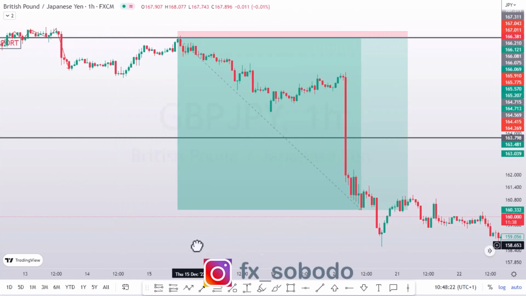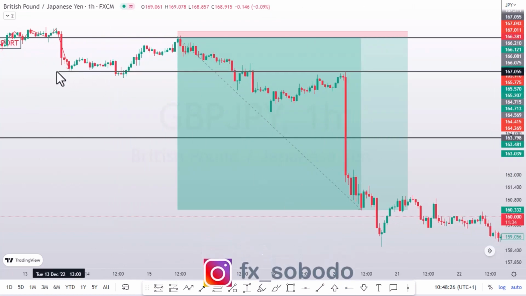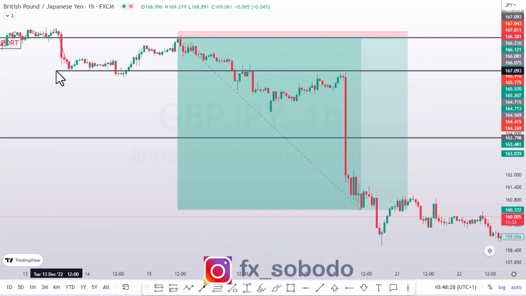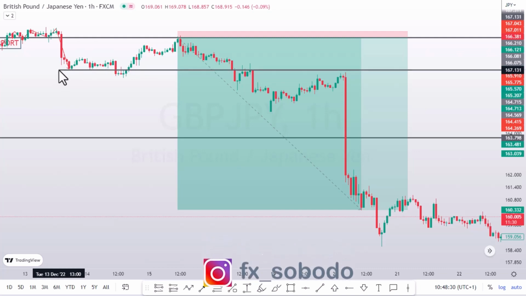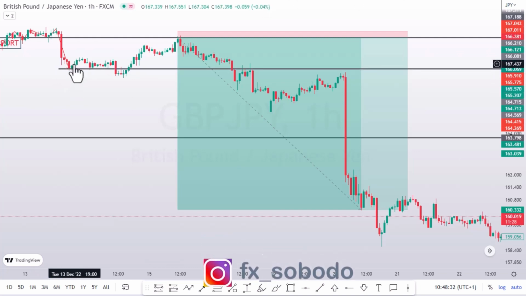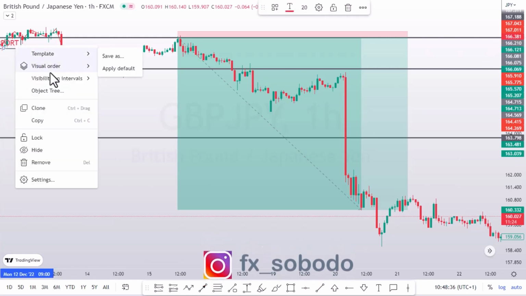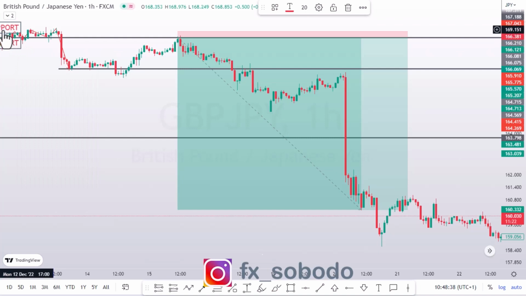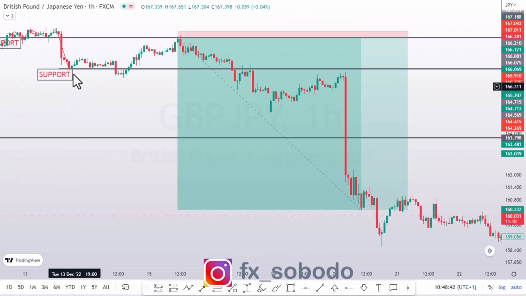Let's see. Inside the same structure, you see here, these are another support again. Let me clone this. The more bounces, you see, price bounced 1, 2, traded through, came back again and shot up.